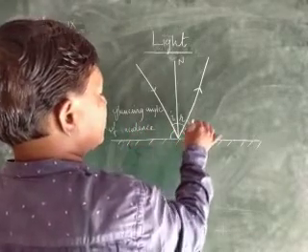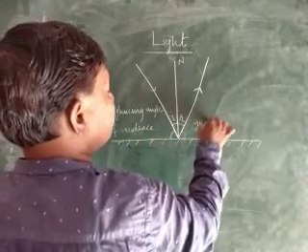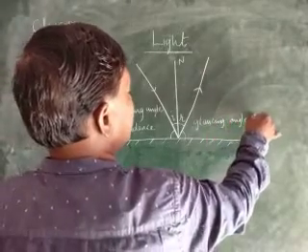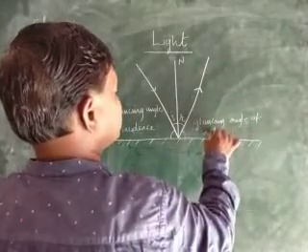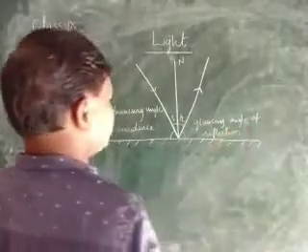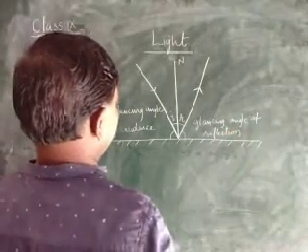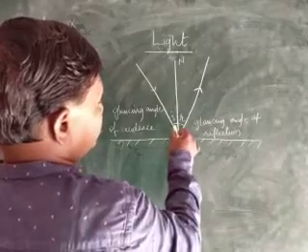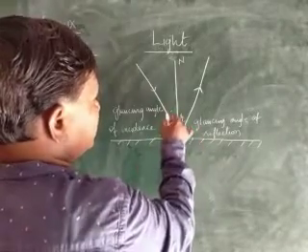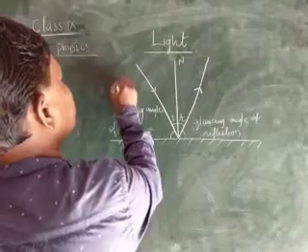And here this angle is called the glancing angle of reflection. Here, incident ray, angle of incidence, angle of reflection, reflected ray.